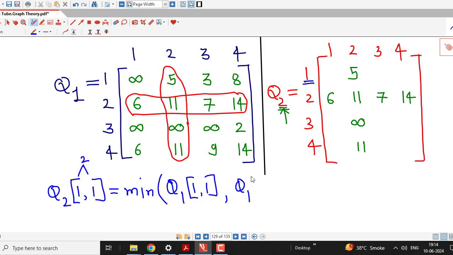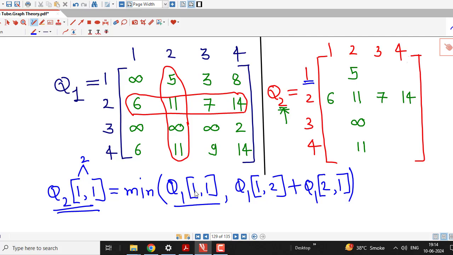So in this part, first I will go from 1 to 2, q1 of 1 2, plus q1 of 2 1. Remember in this way. Here I am writing q2 1 1, so I will write q1 1 1, and here I am interested in 2 entries. Because we are writing q2 here, we will go from 1 to 2 and from 2 to 1. Okay, remember in this way.